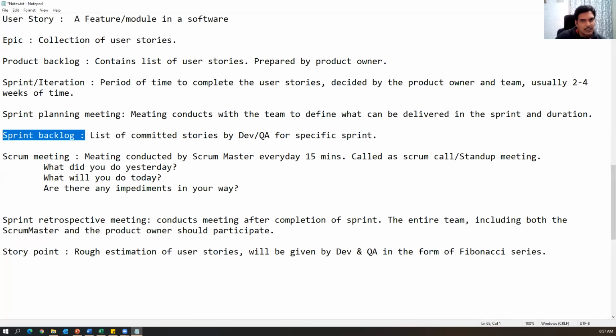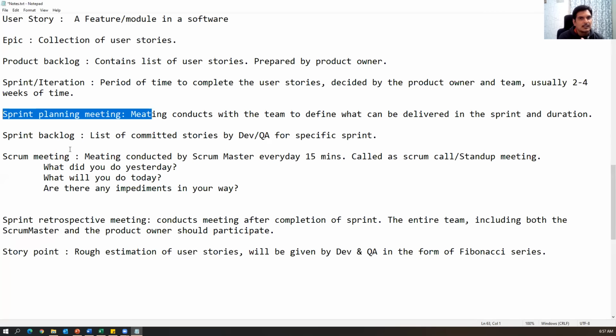During the sprint planning meeting itself, every story will be estimated by Dev and QA. The estimation will be done using story points. In Agile or Scrum, we call it a story point. So what does a story point mean? It is a kind of rough estimation. Suppose login is my story.